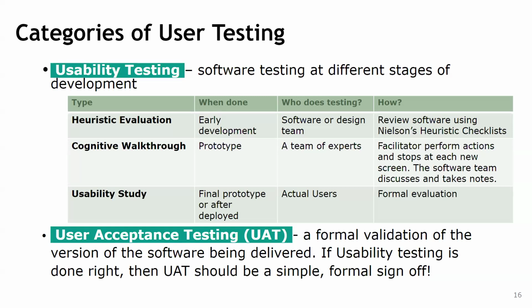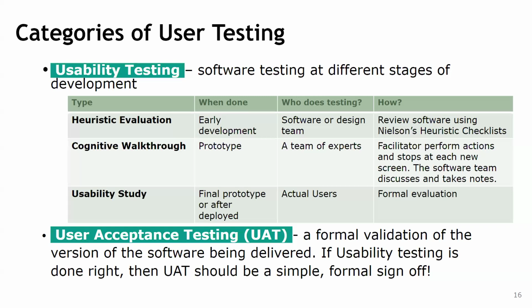So this helps even before the software is developed to make sure that we don't develop something which will not be usable for users. The checklist has more items on it, but the most used are 10 items, which I use for the heuristic checklist. So this one, as I mentioned, happens in the early stages of development before the software has actually been ready for users to test.